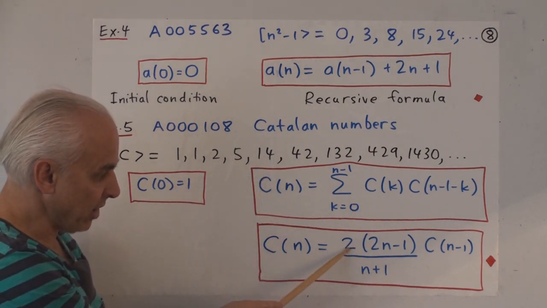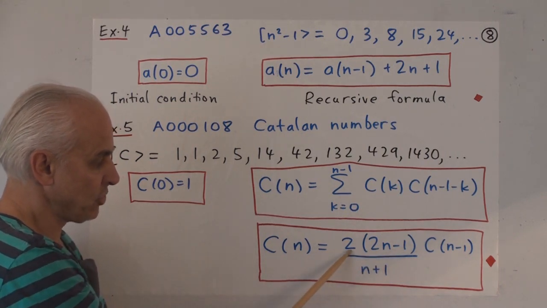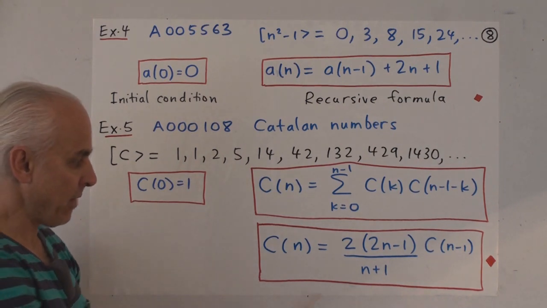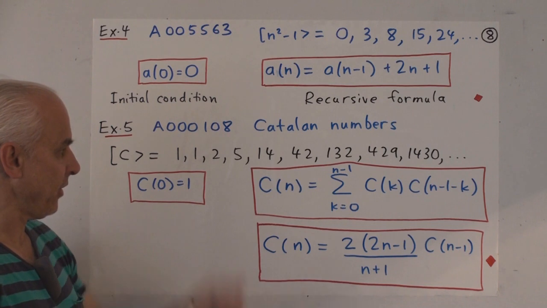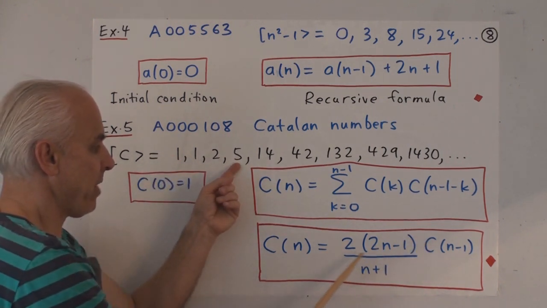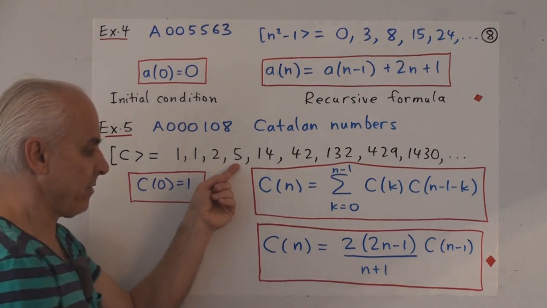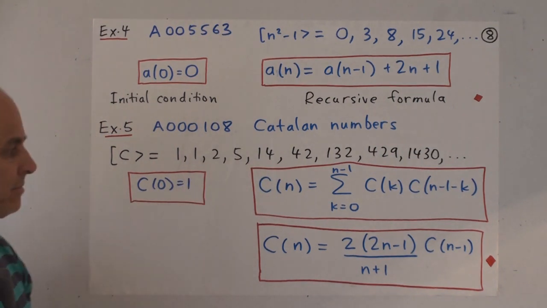And what you have to do is multiply by 2 times 2n minus 1. So 2 times 8 minus 1, that's 2 times 7. And we have to divide by 4 plus 1, which is 5. So we have to take 5, multiply by 2 times 7, and divide by 5. That's just 2 times 7, or 14.